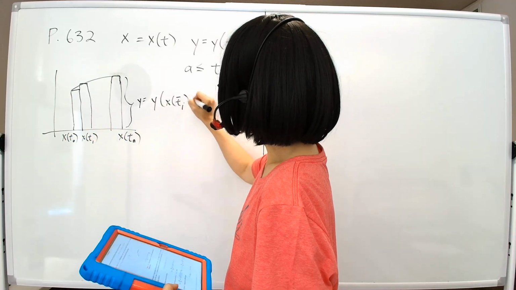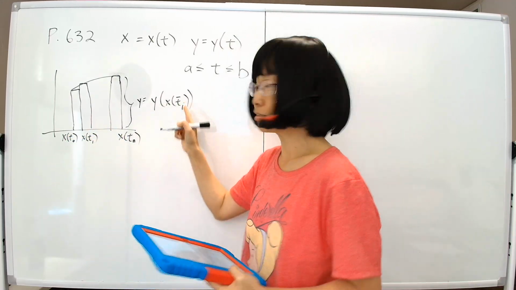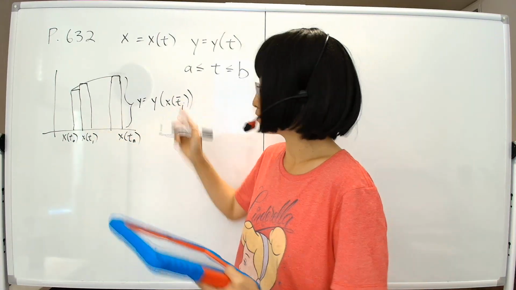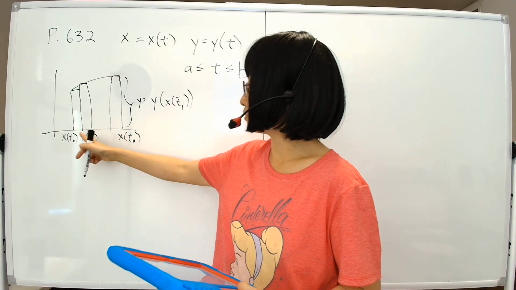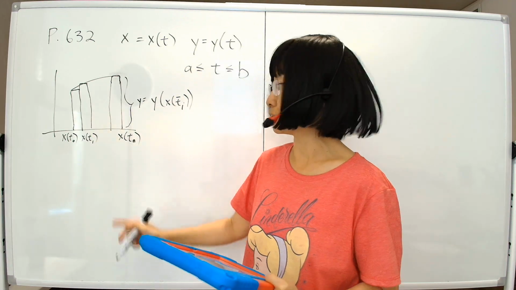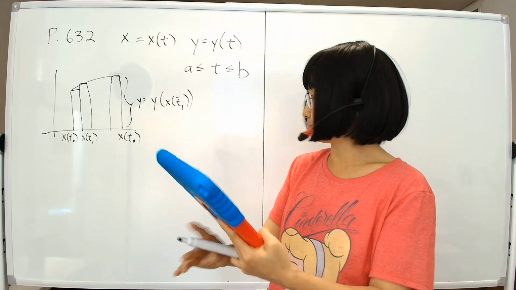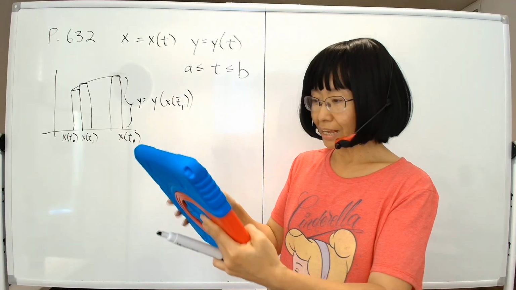The bar just means the t_i is somewhere in here. We don't really care where, so we put a bar on top. It's somewhere between t0 and t1, or t1 and t2 for each rectangle. So that's just for one of them.